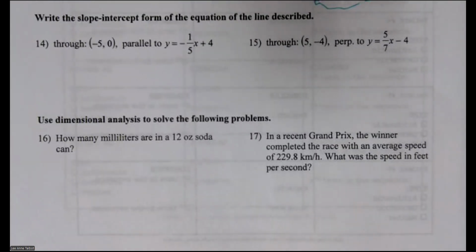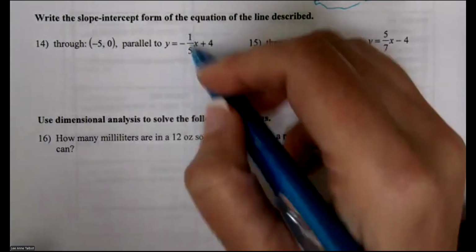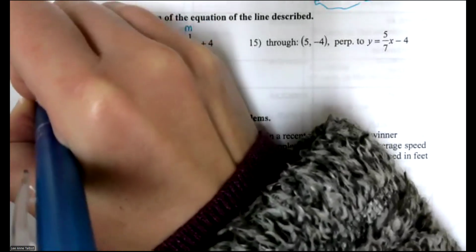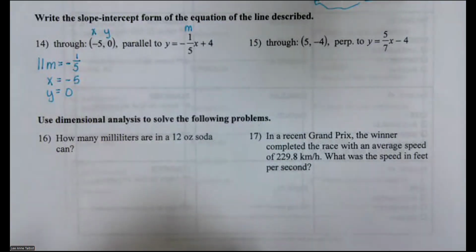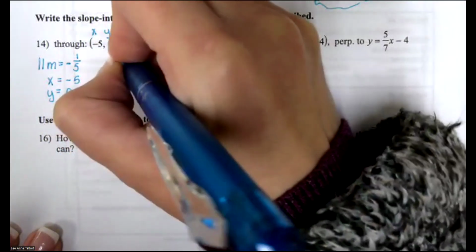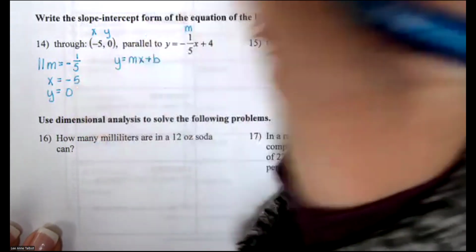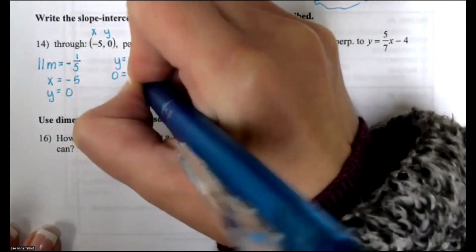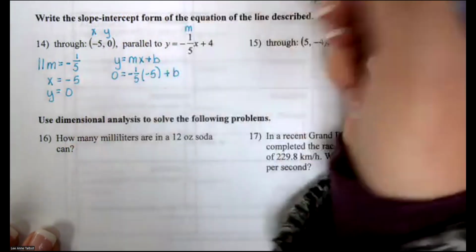Write the slope-intercept form of the equation of the line described. Okay, parallel. Parallel slope is the same, so the slope is negative 1/5. X is negative 5, y is 0. y equals mx plus b: 0 equals negative 1/5 times negative 5 plus b.